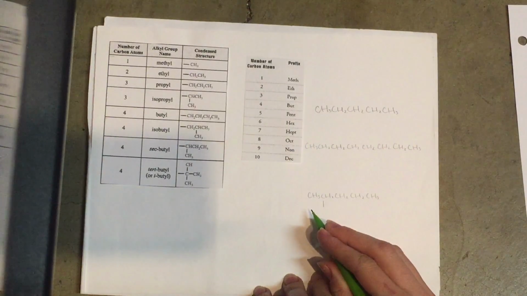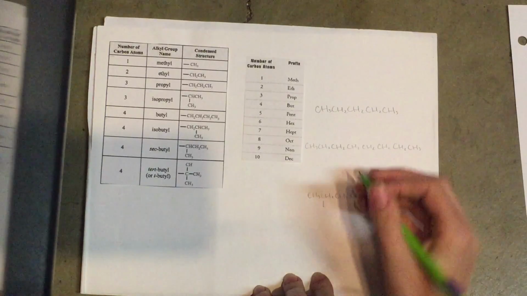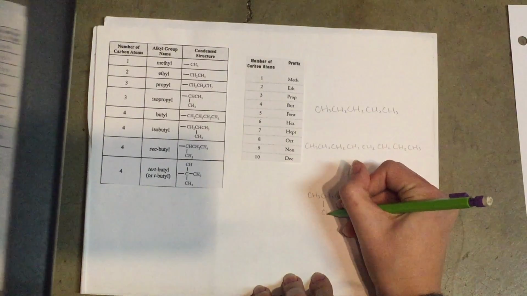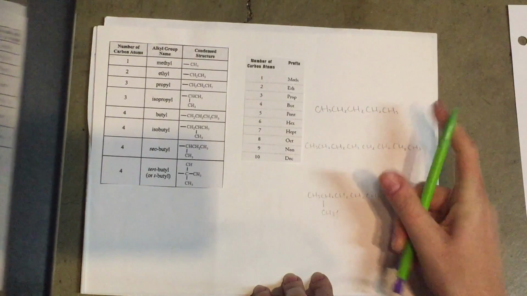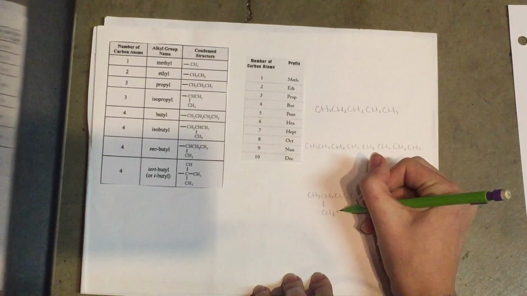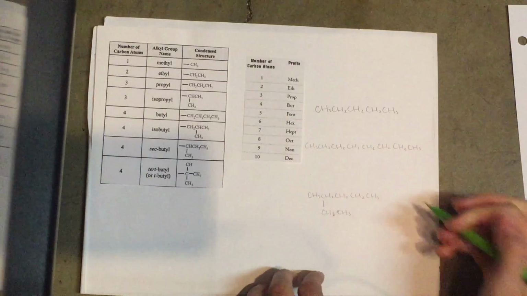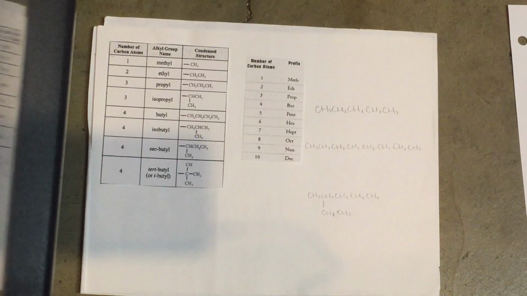So if we were to write 2-ethyl pentane, it would look like this. Not too hard. Now, you may have more than one substituent on your parent chain. This changes it slightly, although not dramatically.